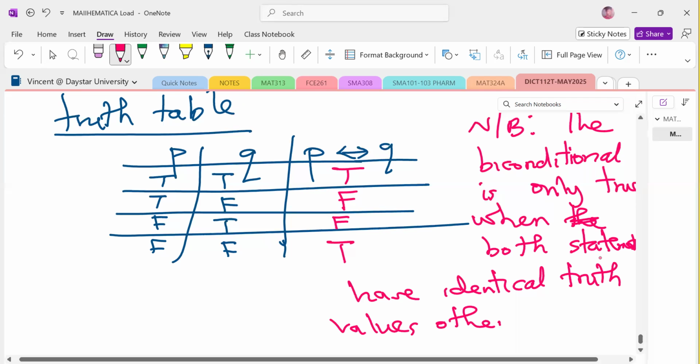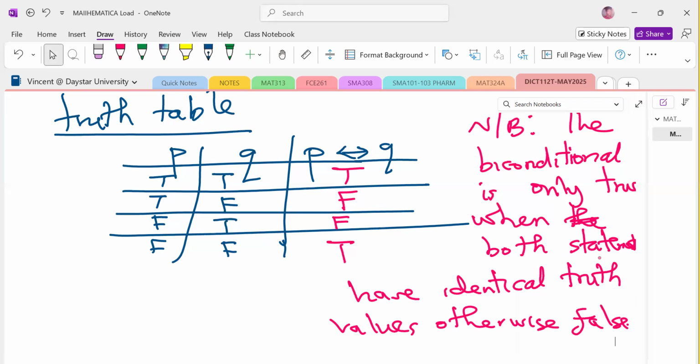Otherwise, false. That the truth value of a biconditional will be T when both statements are true or both statements are false. But when we have opposite truth values, then we get a false value.